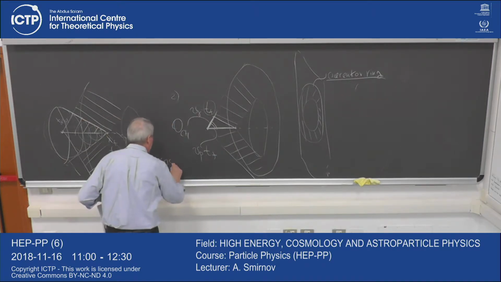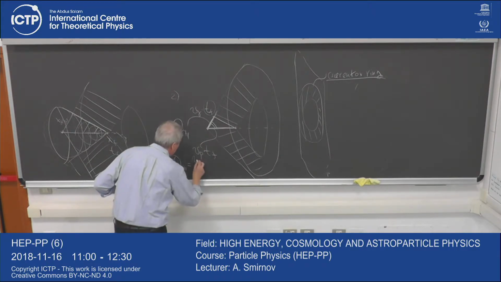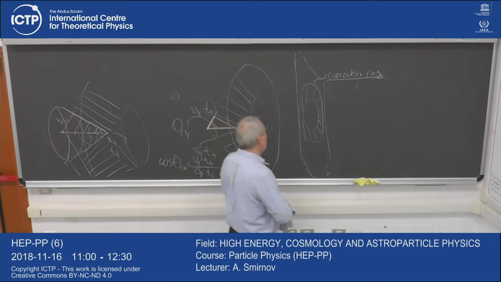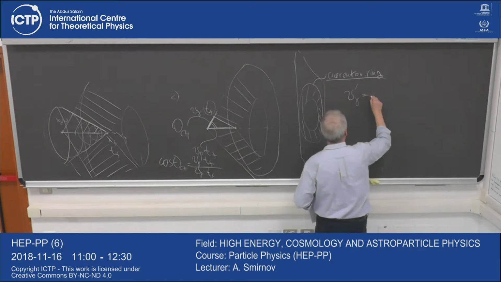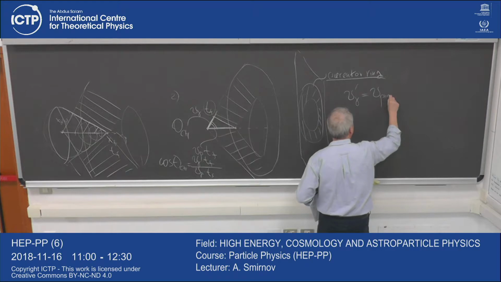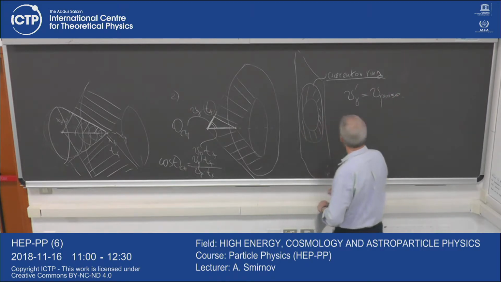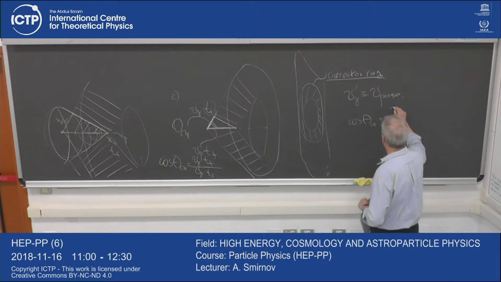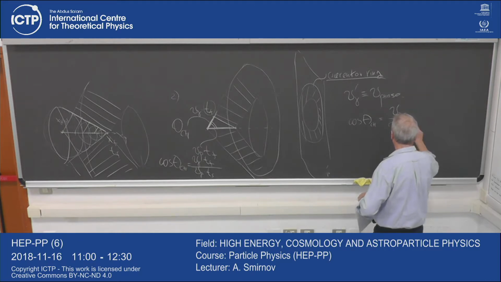And therefore, cosine theta Cherenkov equals V gamma times Tf over V particle times Tf, so it will be the ratio of two velocities. Actually, I put here V gamma, but remember, this is our V phase. So cosine theta Cherenkov equals V gamma over V particle.